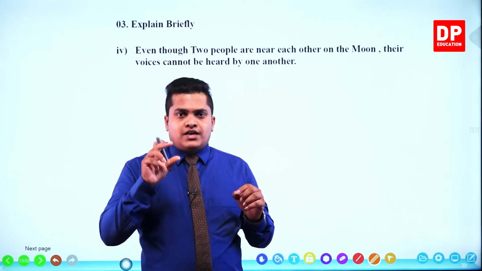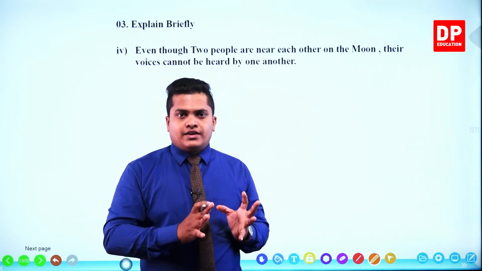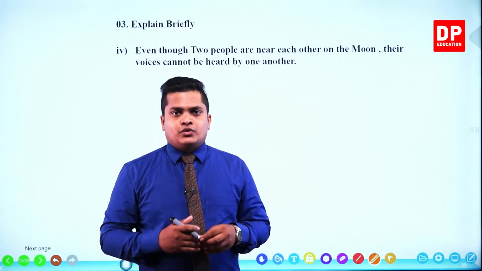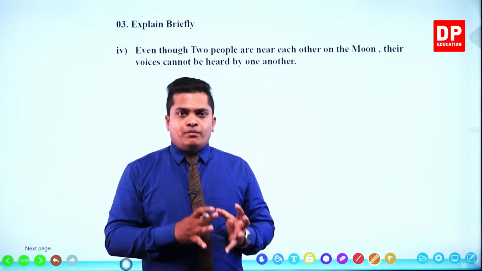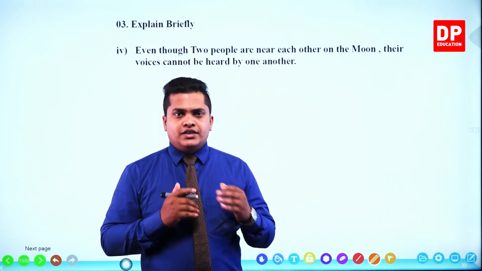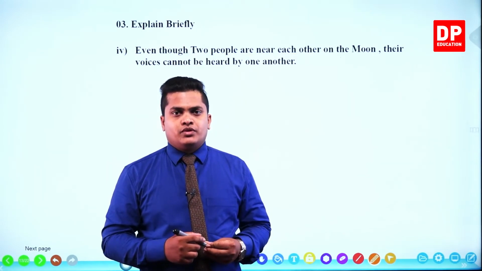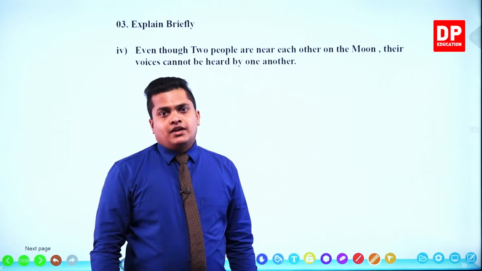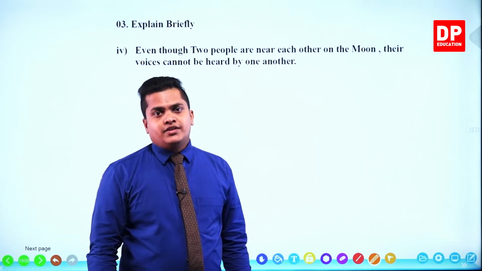The vibrations pass from particle to particle when sound propagates. So therefore, sound cannot be heard even though the two people are near to each other on the moon. That's why the astronauts are using headphones and other communication devices.